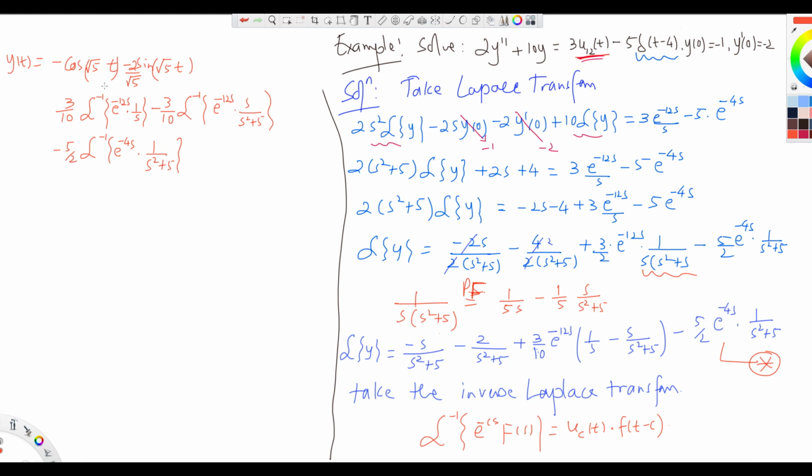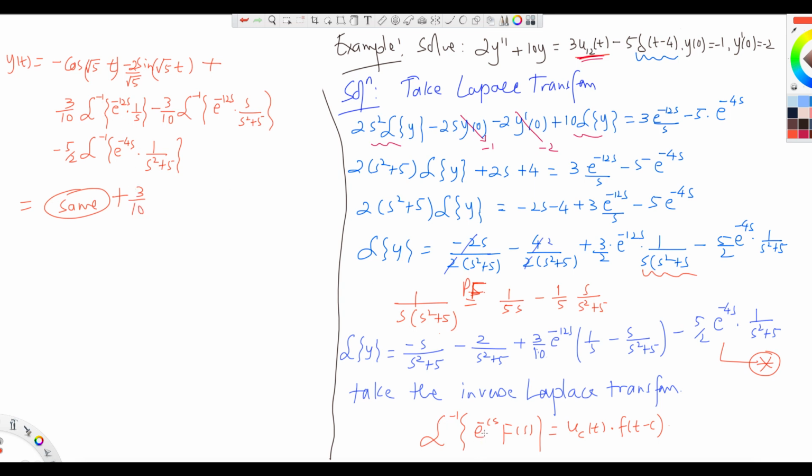Now, for the first two terms we'll copy the same thing. Now, for this term, that is plus, right? So plus 3 over 10. What is the inverse Laplace transform of that?